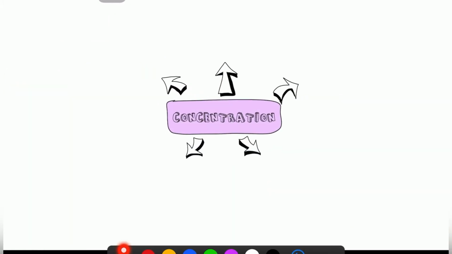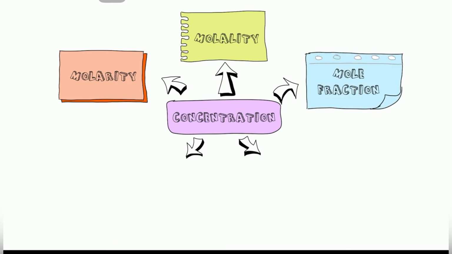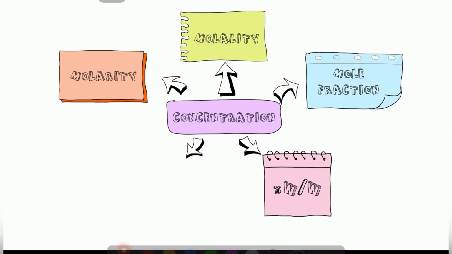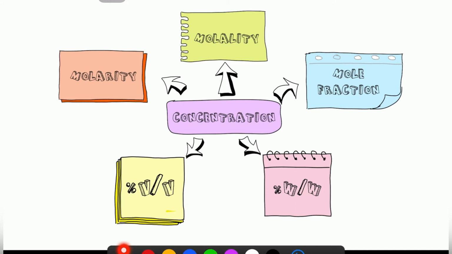Next, concentrations. There are 5 items that relate to concentrations: molarity, molality, mole fractions, percentage by weight, and percentage by volume.